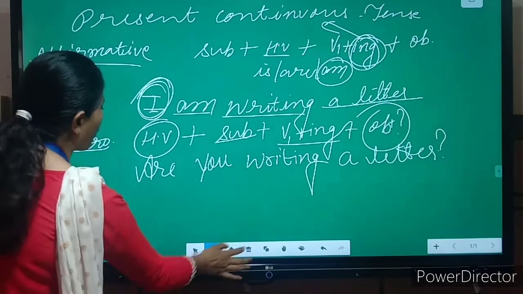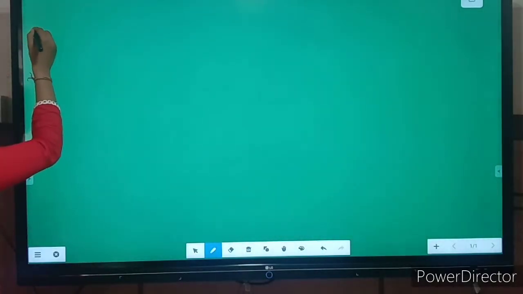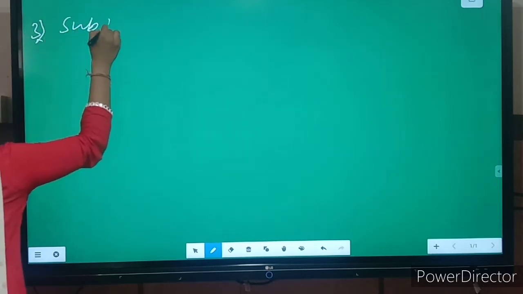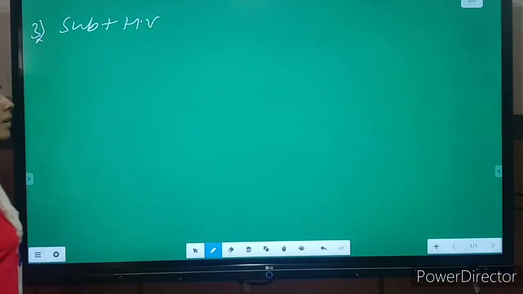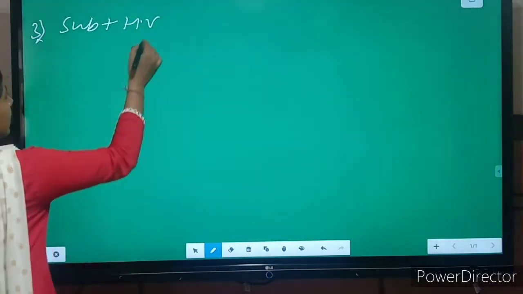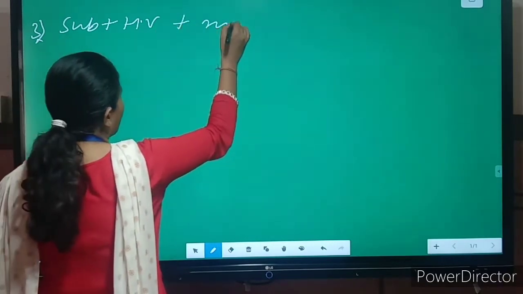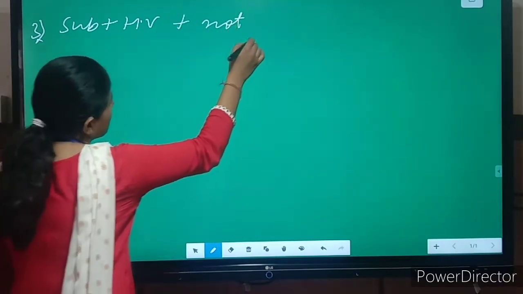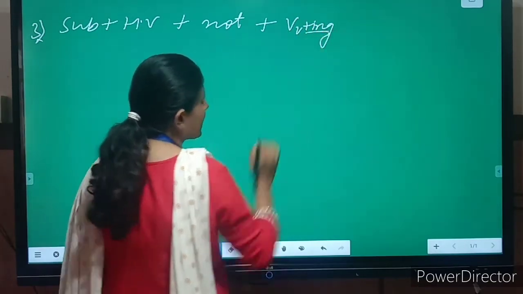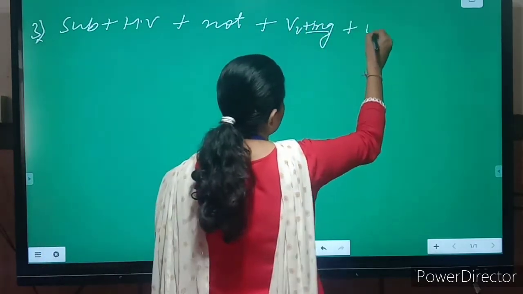Now let's move forward and understand how to form a negative sentence. The number third. Negative sentence: subject plus helping verb. What are the helping verbs, students? Yes, is, are, am are the helping verbs. Clear? And then you will use not because it is a negative sentence, and then you will use V1 plus ing because it is a continuous tense, and again object.